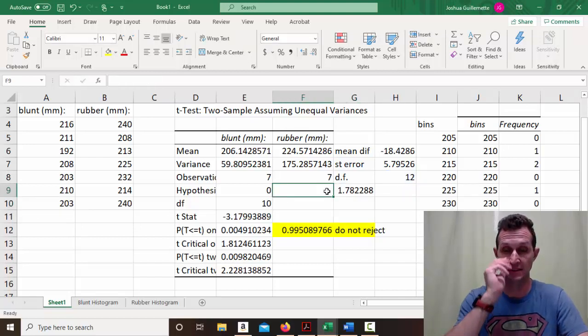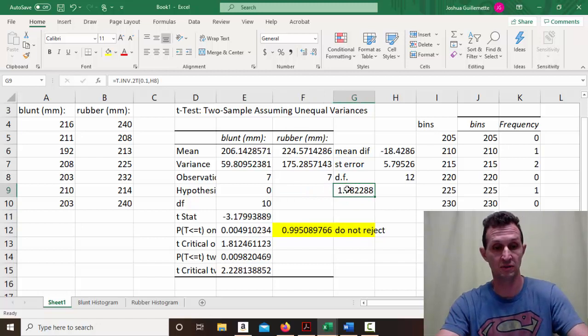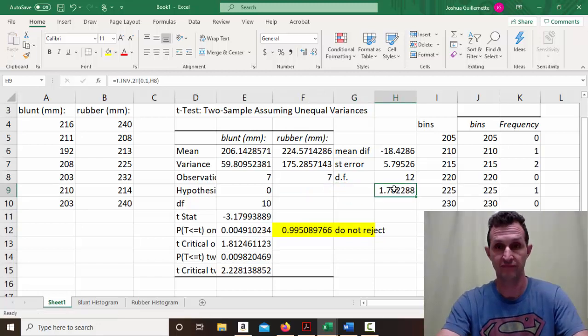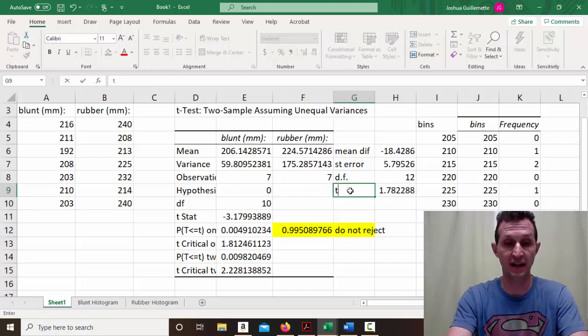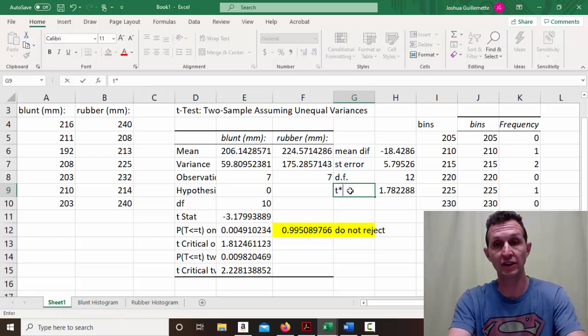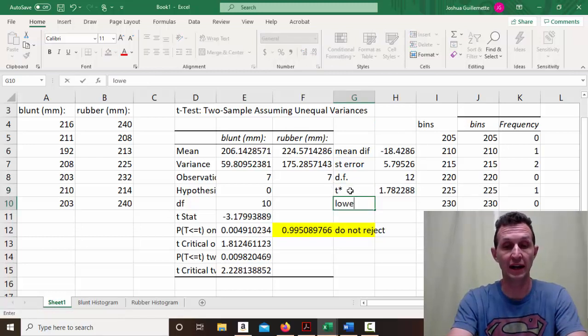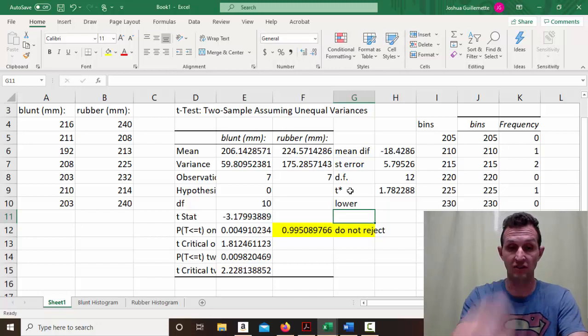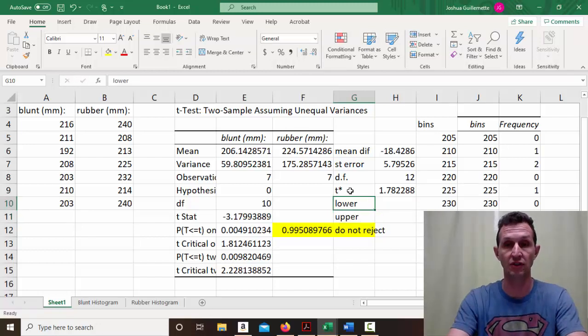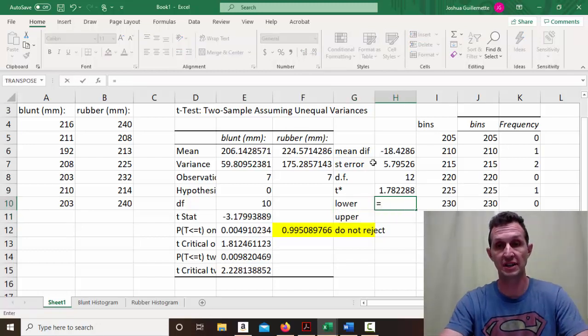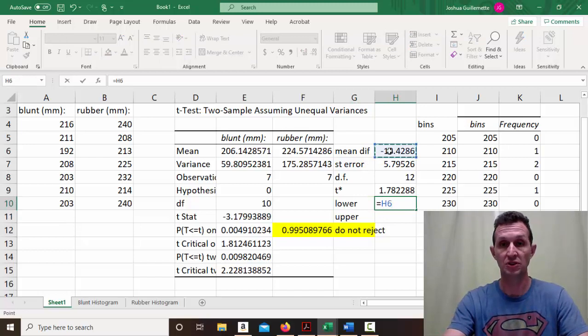So this right here, let me just move it over. This is my T critical value. So now for my lower confidence limit and my upper confidence limit, what I'm going to do is take the mean difference and subtract, for the lower, the standard error times the T critical.